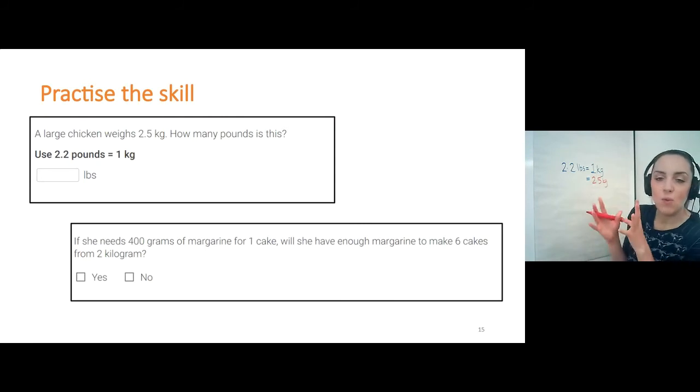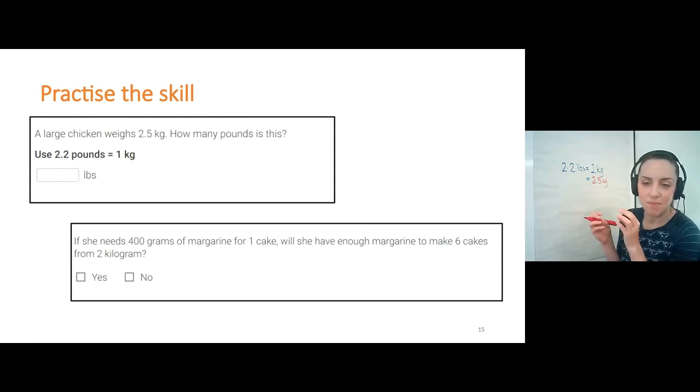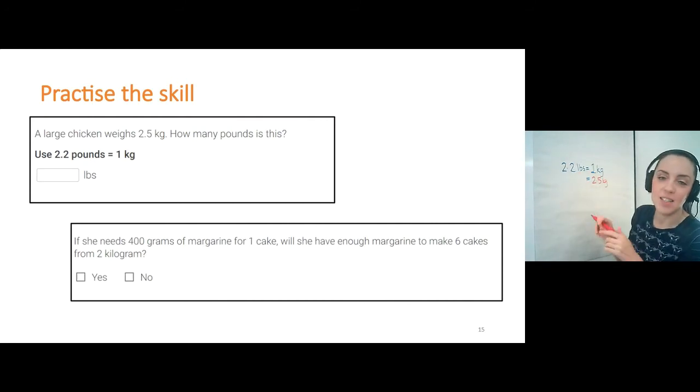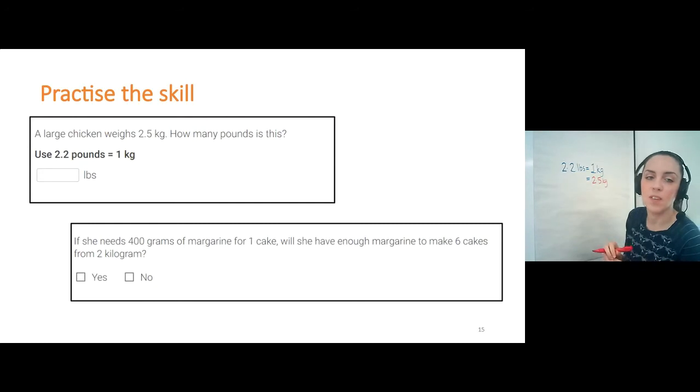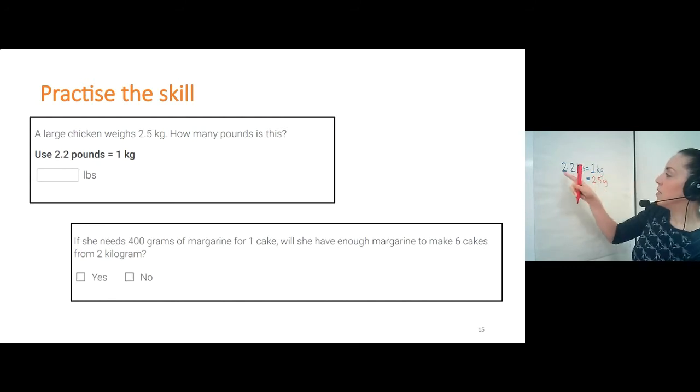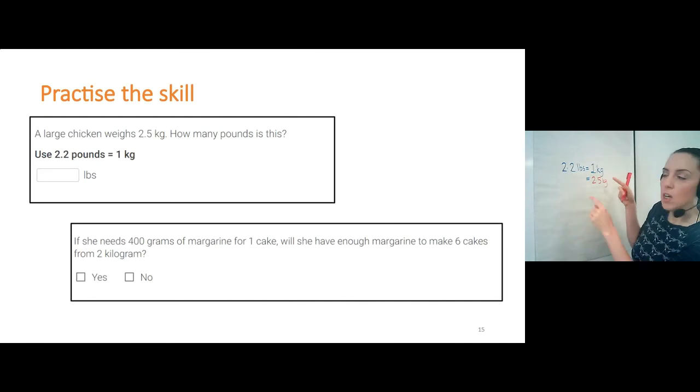So we have our rule there. We have what a colleague of mine used to joke because I really like using this method all the time. It's a golden rule. So 2.2 pounds is equal to 1 kilogram. So if a large chicken weighs 2.5 kilograms, how many pounds is this? So let's apply what we know. This is our rule. We know that the chicken weighs 2.5 kilograms. So in pounds, we need to figure out how much that is.